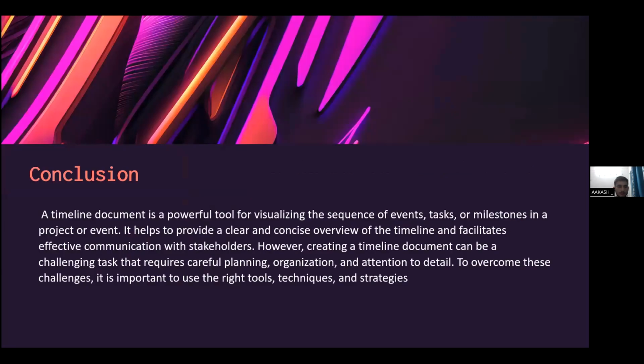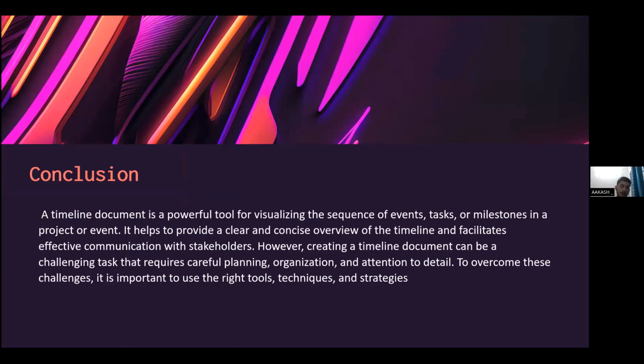And then the conclusion part. A timeline document is a very powerful tool to visualize the sequence of events derived from the projects. It provides you a clear and concise overview of the timeline, and it facilitates effective communication with the stakeholders. Creating a timeline document can be a challenging task that requires careful planning.